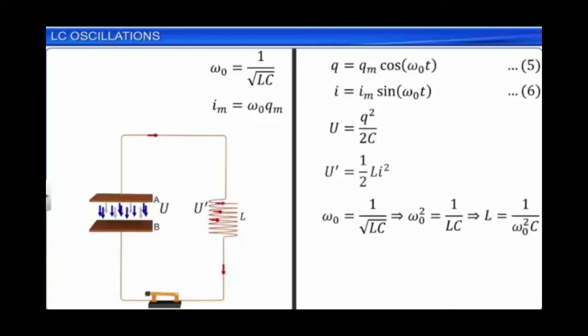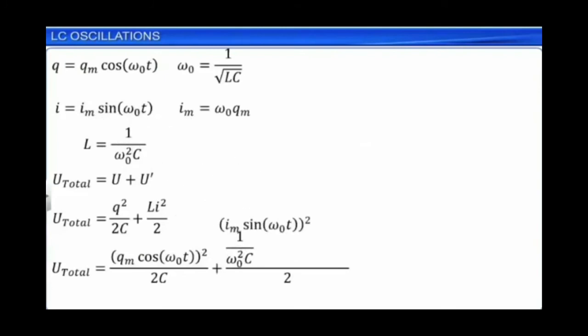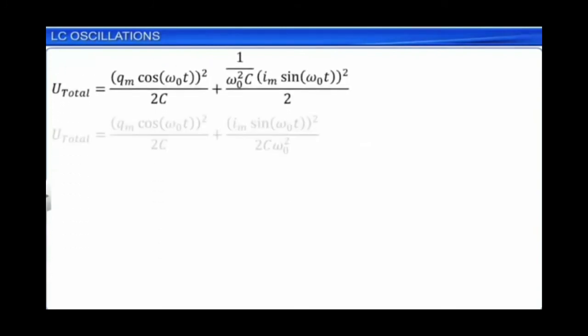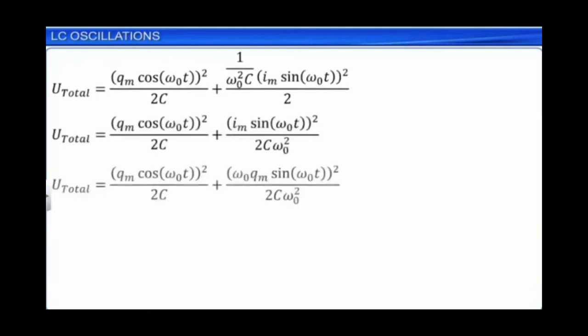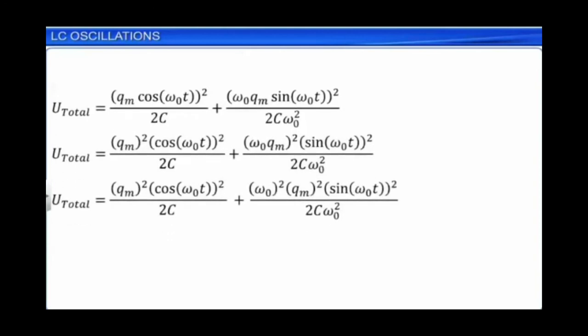Now, the total energy in the system, we can write U total is equal to U plus U dash, where U is the energy stored in the capacitor and U dash is the energy stored in the inductor. So substituting, we have q square by 2C plus half L i square, that is equal to qm cos omega 0 t whole square by 2C plus half 1 by omega 0 square C into Im sin omega 0 t whole square.